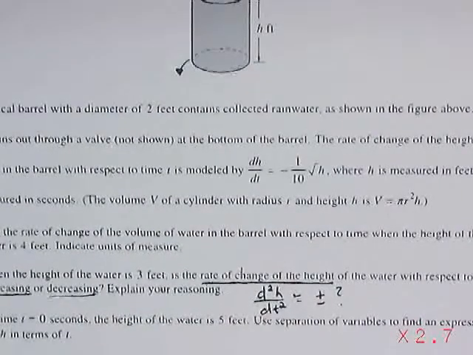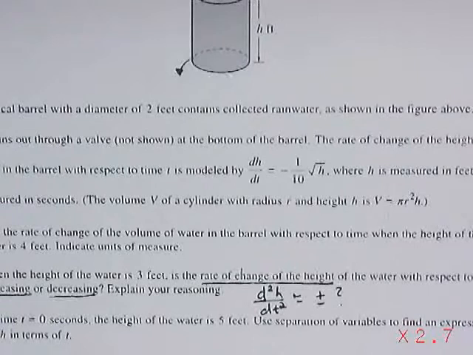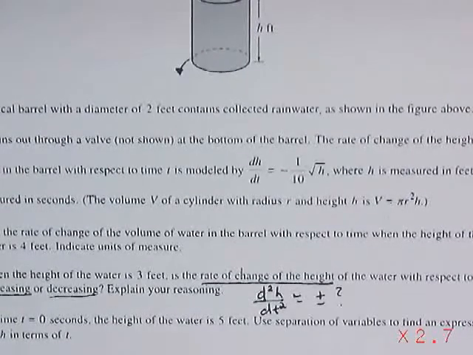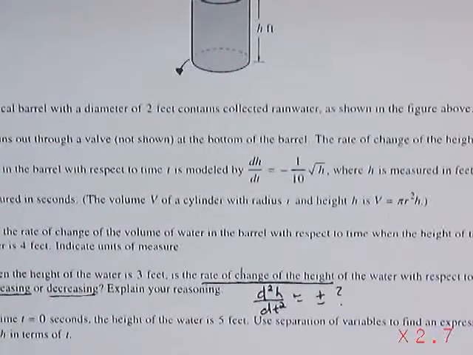If it's positive, it tells us that the rate at which the rate is changing is increasing. If it's negative, then the rate is decreasing. So we are interested in the second derivative. So let's see if we can find that.